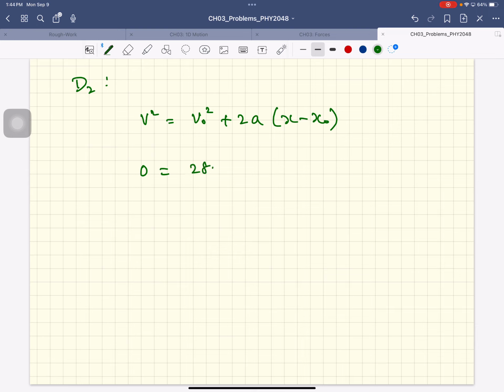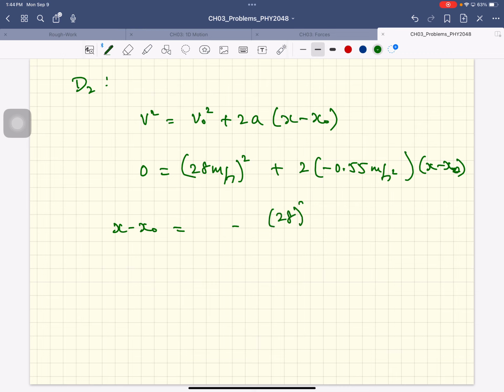Your initial velocity is 28 meters per second. Plus your acceleration is negative 0.55 meters per second squared. So x minus x naught is negative 28 squared divided by 2 times negative 0.55. So this is your stopping distance.